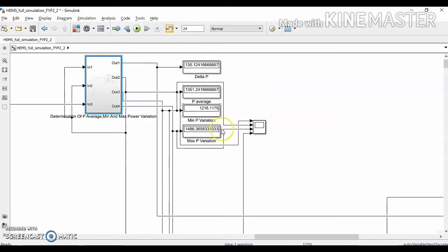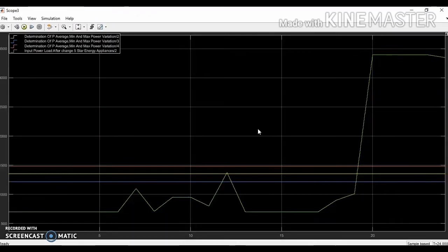This is the value. This is the power load profile. This is the maximum, the average, and the blue line is the minimum variation.